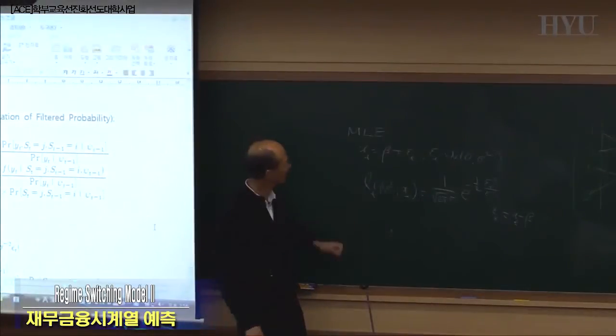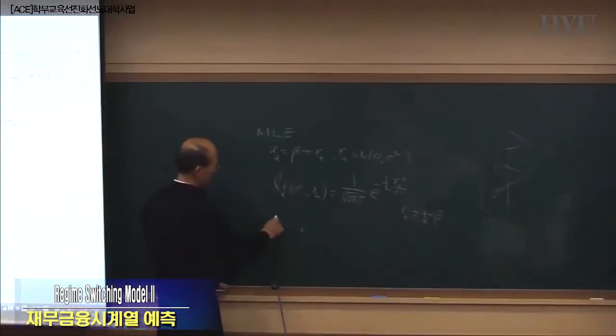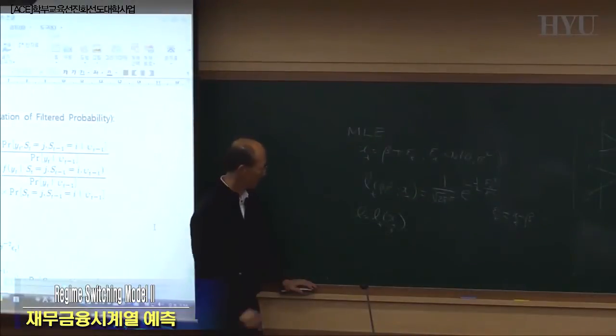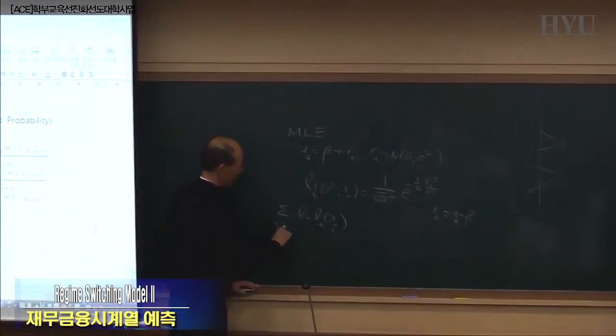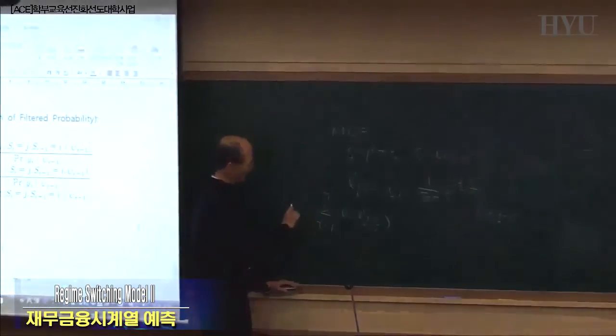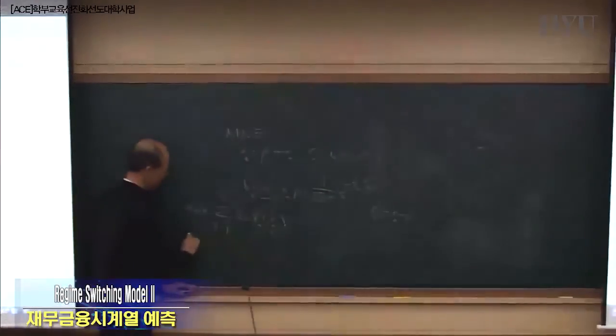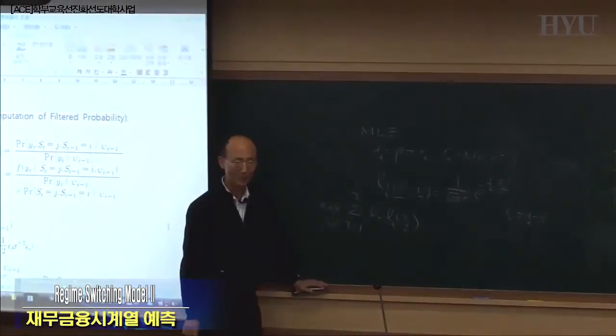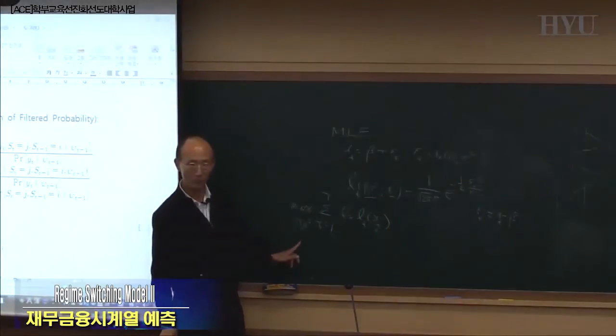We typically calculate the natural log of LT. This one. You sum it over up to capital T, and you want to maximize this with respect to these parameters. So that was maximum likelihood estimation.